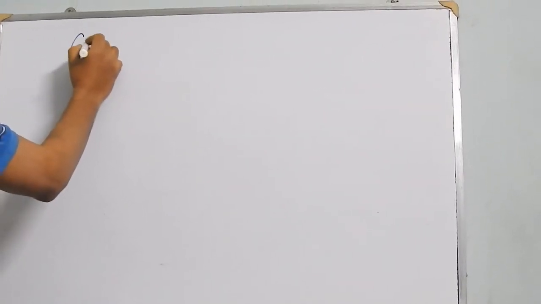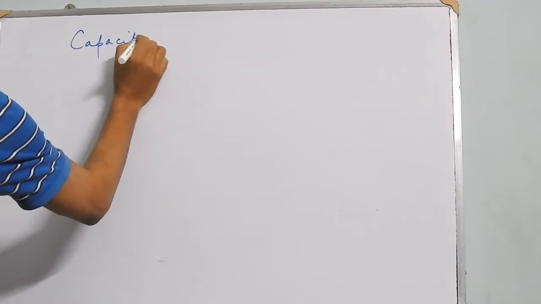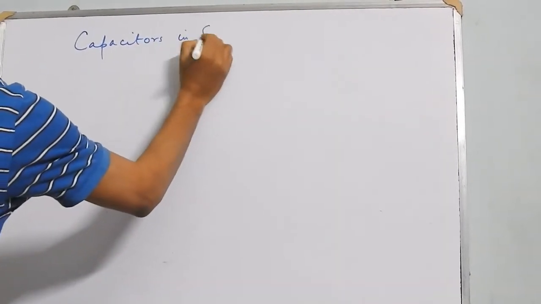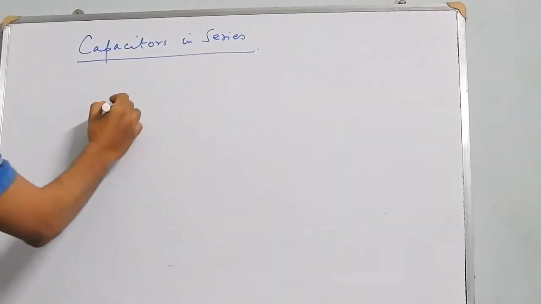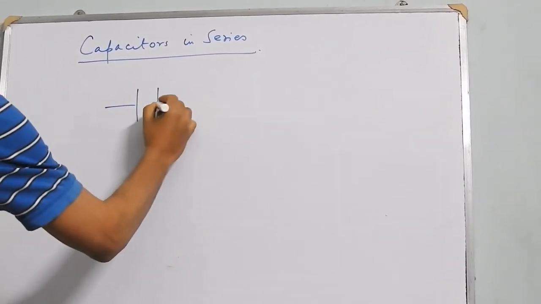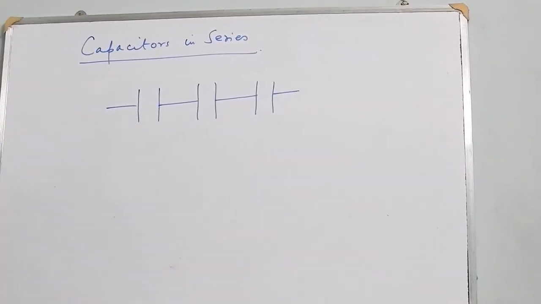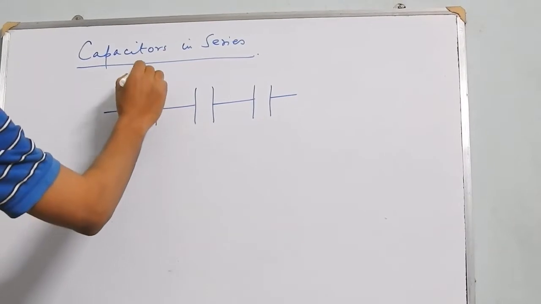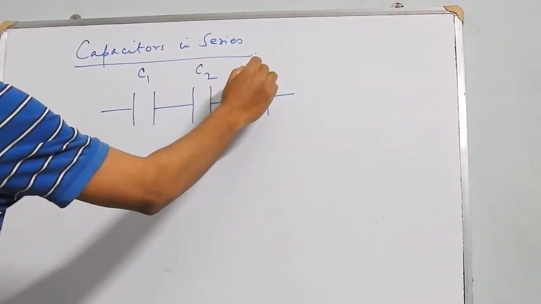Now we will discuss capacitors in series. Let us assume that there are three capacitors which are in series. Let the capacitance of the capacitors be C1, C2 and C3 respectively.